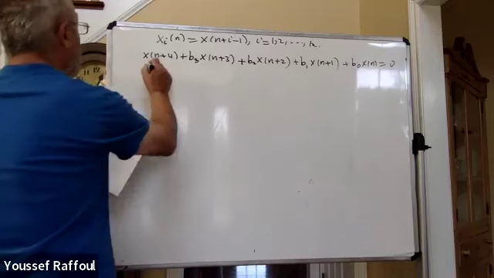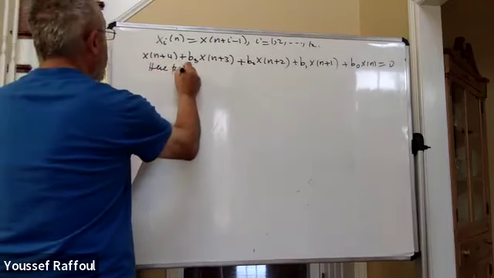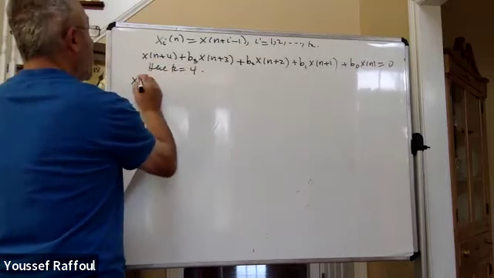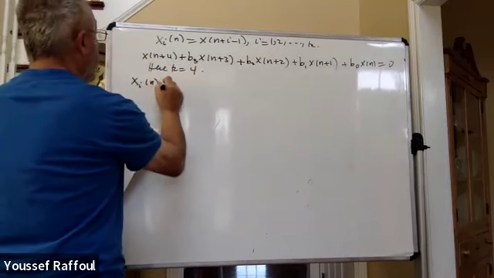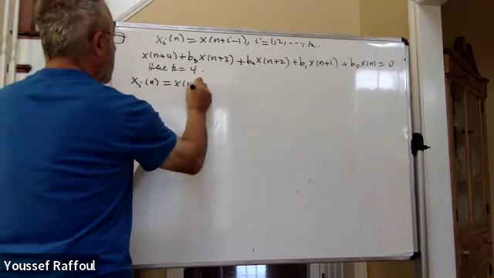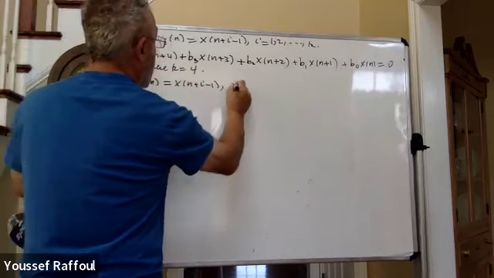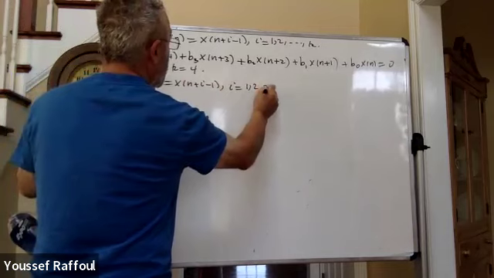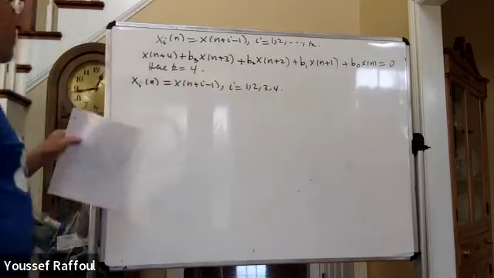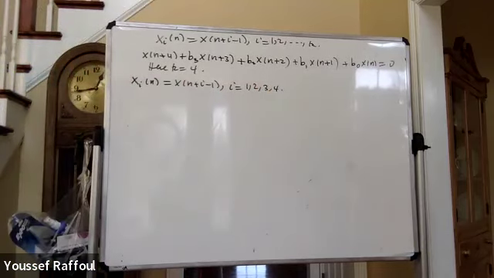So here, k is 4, so we're going to take x_i of n equal x of n plus i minus 1 for i equal 1, 2, 3, and 4. You see what we did?